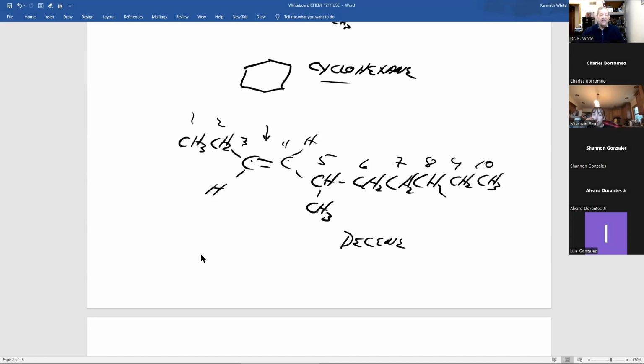In case you wondered, I did count right. And so this is 3-decene, because this carbon is number 3. Now, next, since you have two of the same group or atom, one on each carbon of the double bond, you need to use cis or trans.